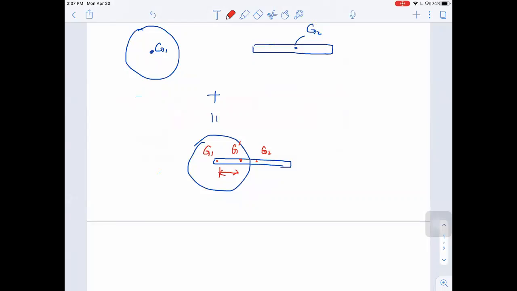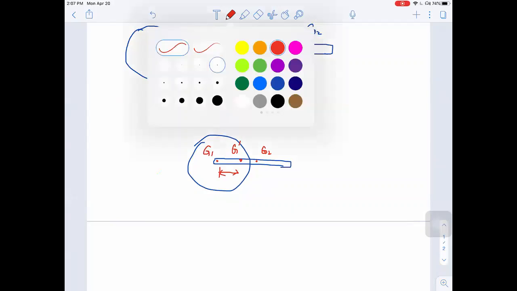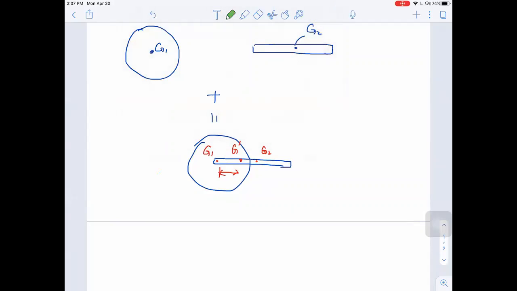So if you want to find the location for that G prime, the first thing is to set up a reference point. I would use the center of the disk as the origin to find the new center mass.